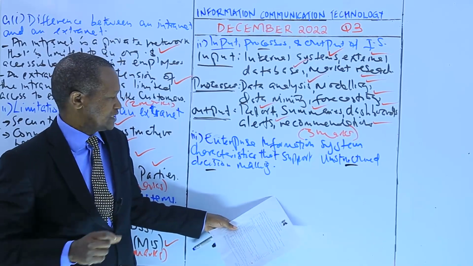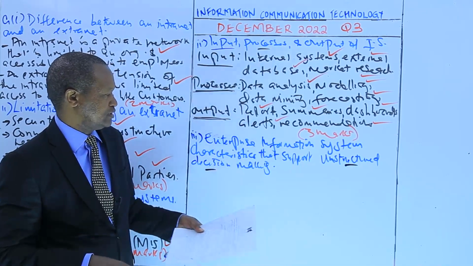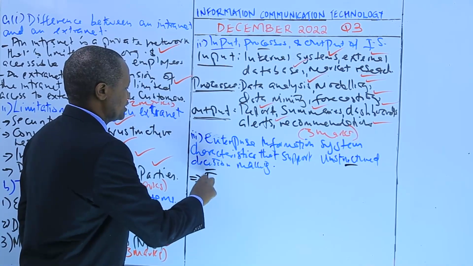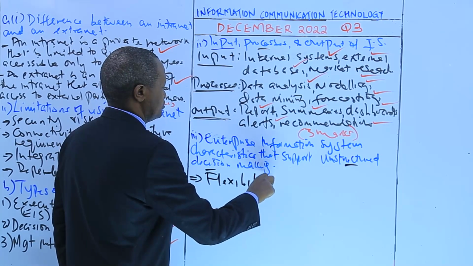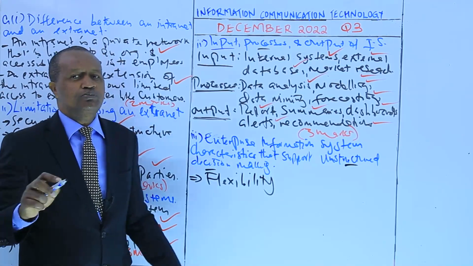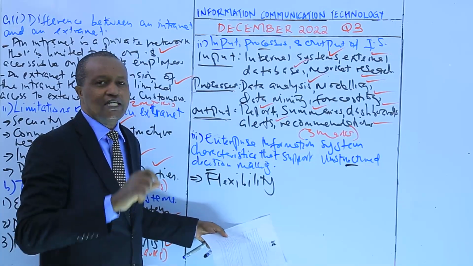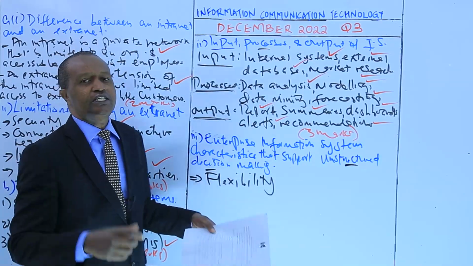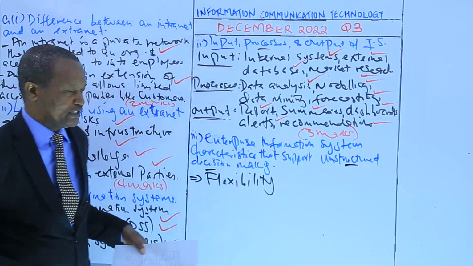And one characteristic of an information system that supports unstructured decisions is flexibility. The system should be highly flexible and adaptable to accommodate a wide range of diverse and changing decision-making scenarios. So that is the first characteristic, flexibility.